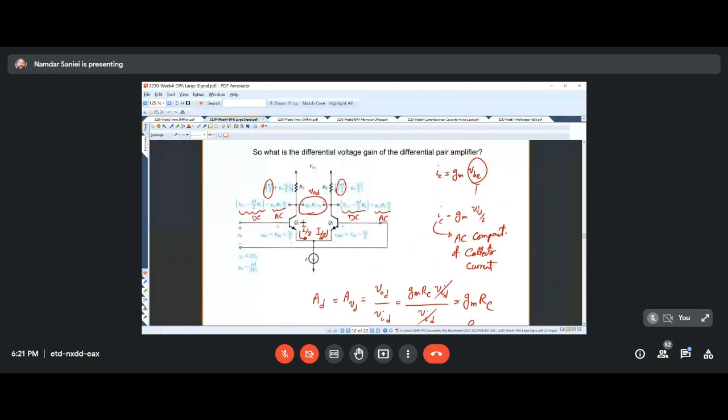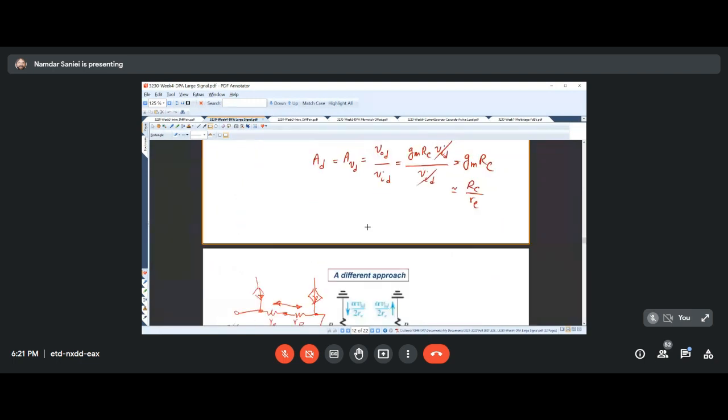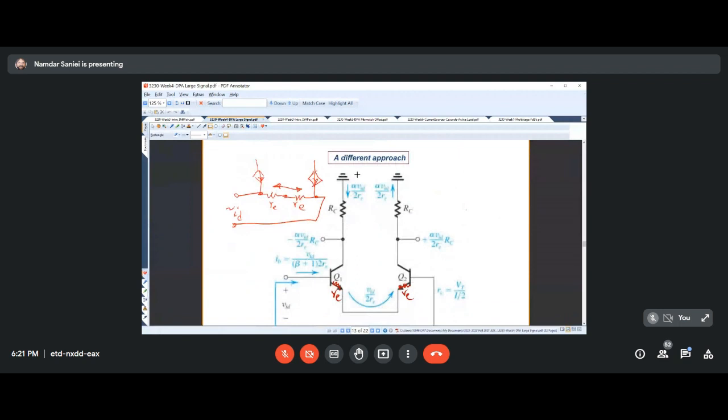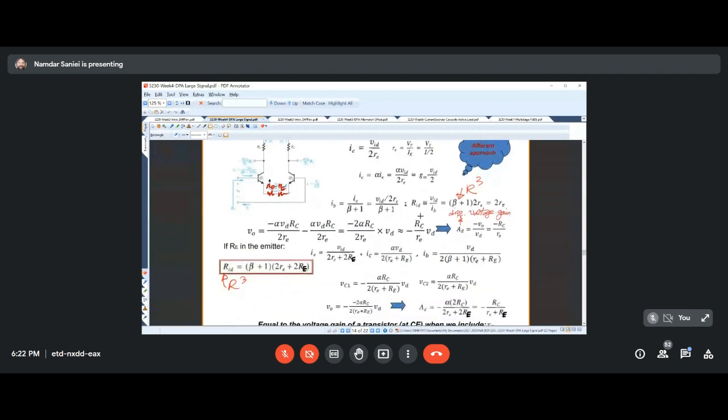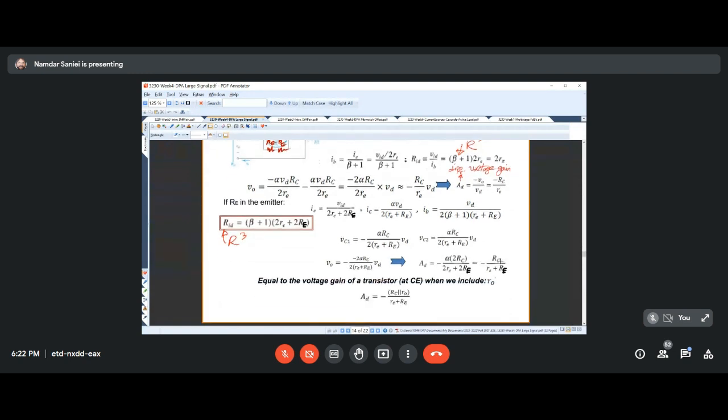But what was this good for? That we used 2 transistors is the ability to eliminate the noise, an unwanted signal. We chose another approach, and in that approach we also showed that the RC over RE that we had, if we had external emitter resistances, all we had to do was place that external resistance next to the little RE in the denominator.